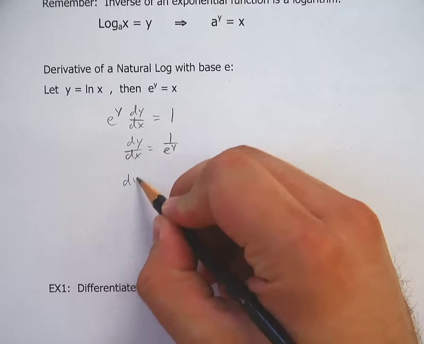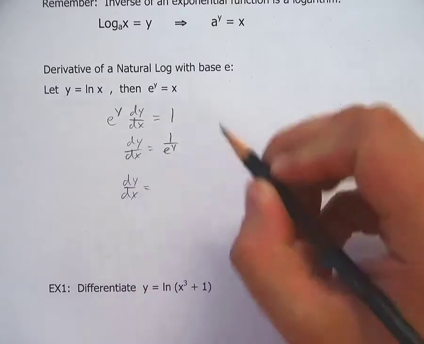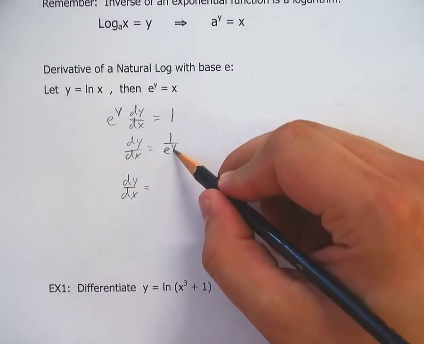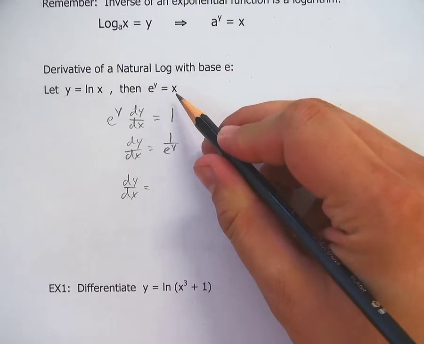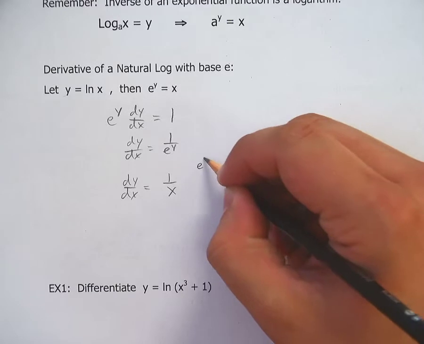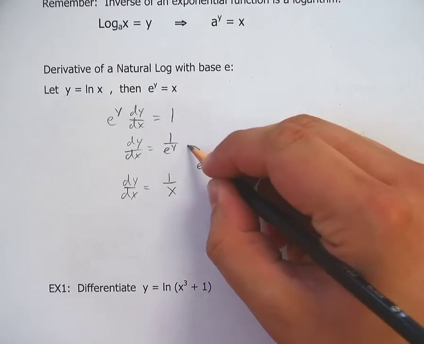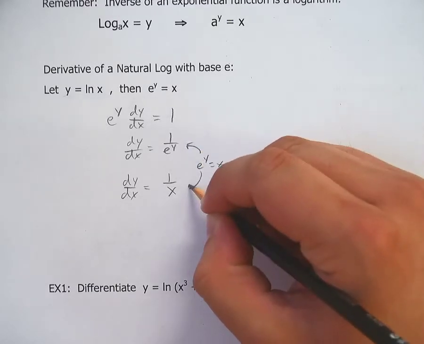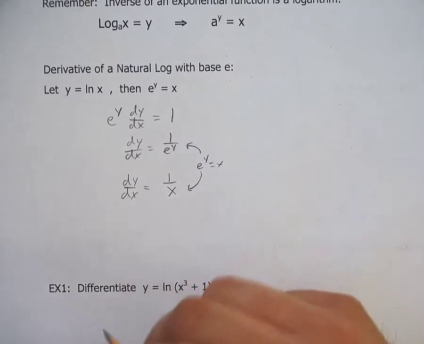So dy dx equals 1 over e to the y, and e to the y, we were told back up here, is x. This was our original formula, e to the y equals x.